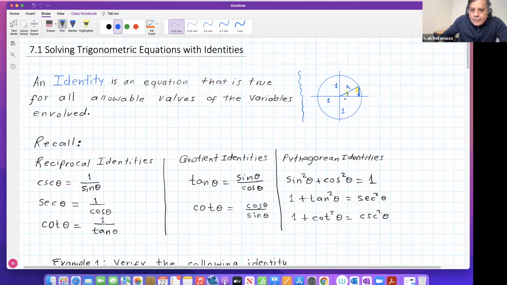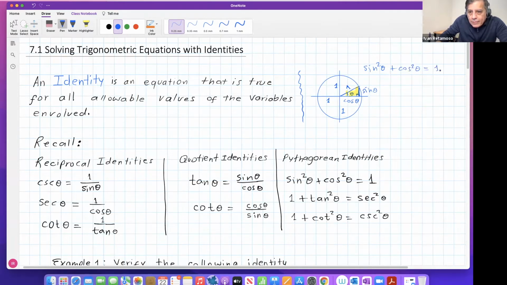And this, remember, is cosine. Let's consider this to be the angle theta, cosine of theta, sine of theta. Applying the theorem of Pythagoras in this triangle, you can quickly see that sine squared plus cosine squared is 1, right? And this is what we call the Pythagorean identity.